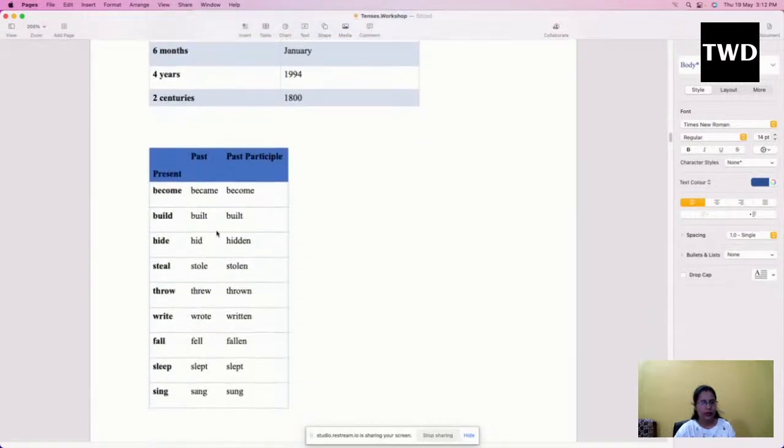Okay, this is what we were talking about. This is the v1 form of the verb, this is v2, and this is v3. The moment we say v1, that means you have to use the present form of the verb. V2 means you have to use the past form of the verb. V3 means you have to use the past participle form of the verb.